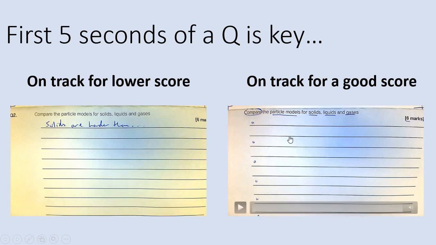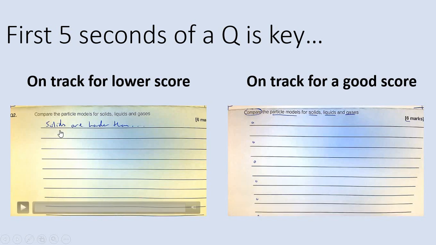Whereas the student on the right, even though they haven't yet got to the point of starting to answer the question, their brain will be well on the way to a successful answer. They've identified that it's a compare question. They've used CUB, they've circled the command word. They've underlined key points: it's the particle model for solids, liquids and gases. So this student said solids are harder.